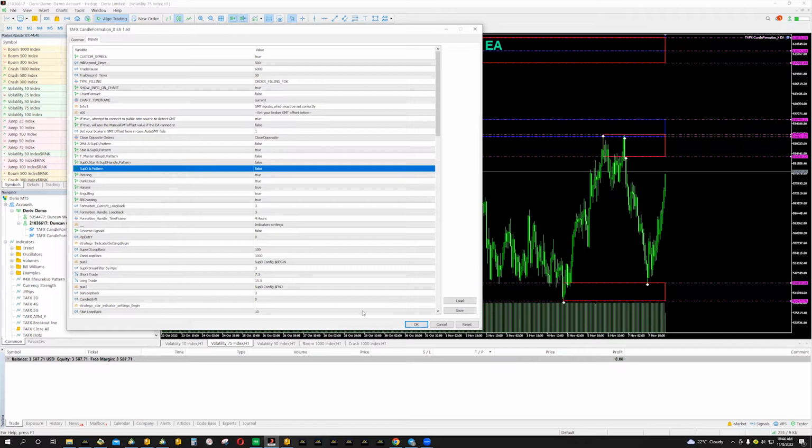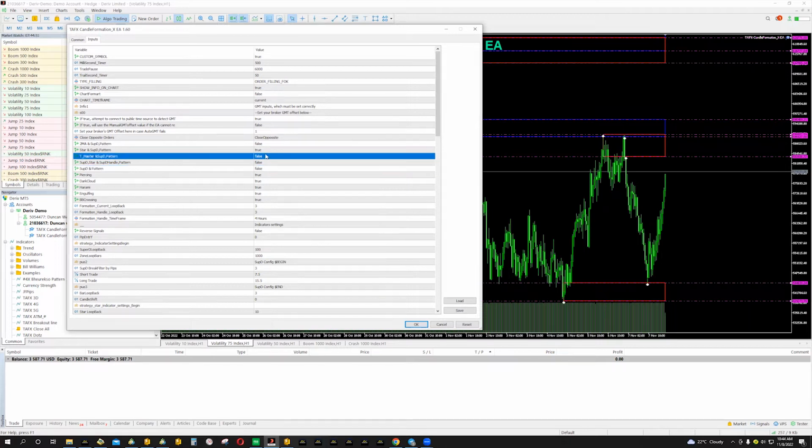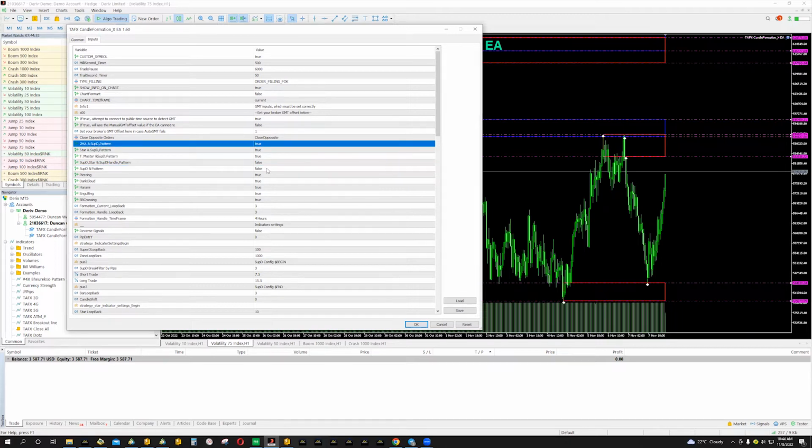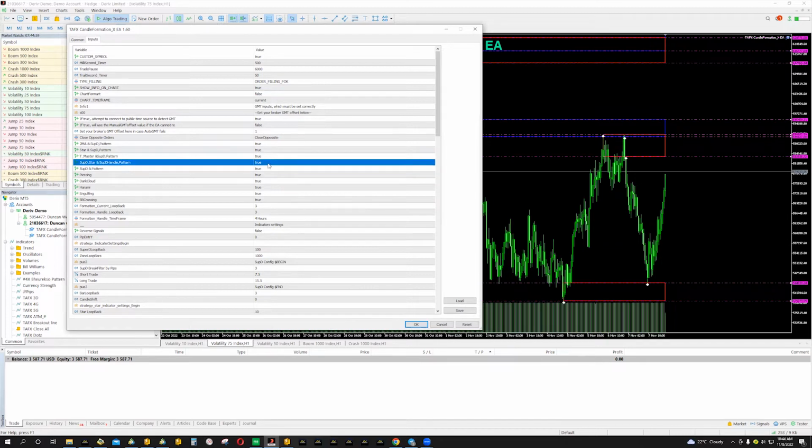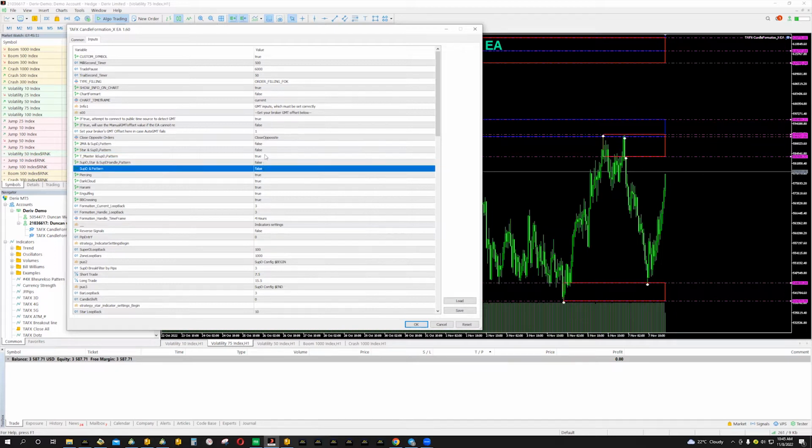But if you still want to hunt more positions or more signals in the market, just let them be true, so that any of the EAs that gets another signal can take it, and you don't have to worry which exactly picked the signal. If I deactivate this and leave only one of them true, it will control the running trade.